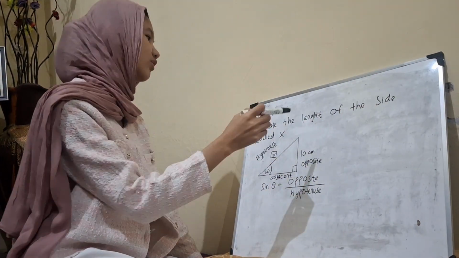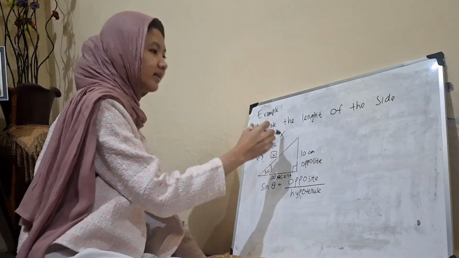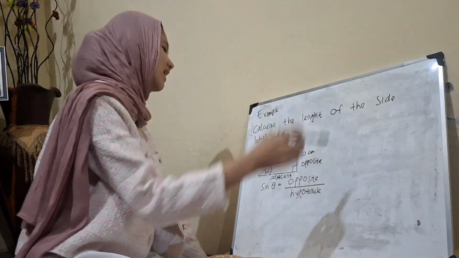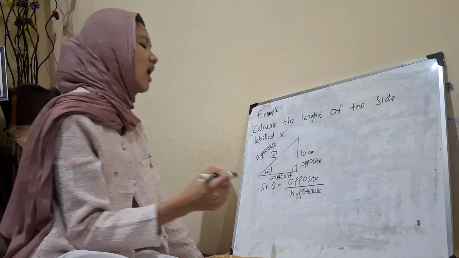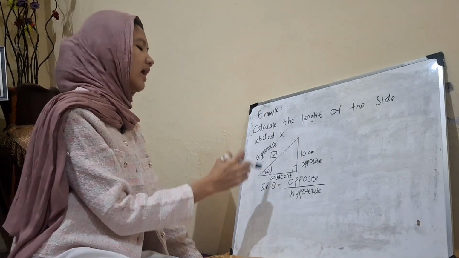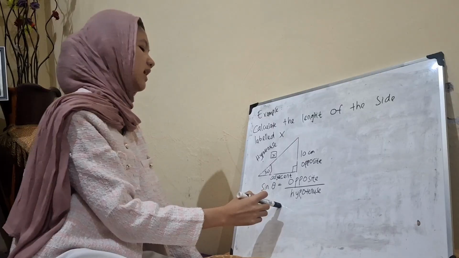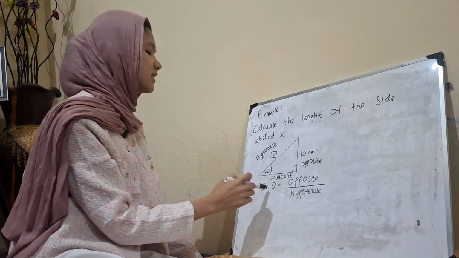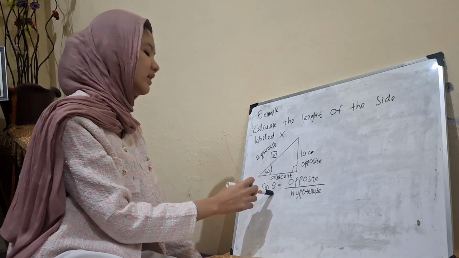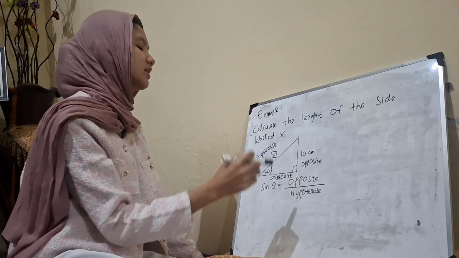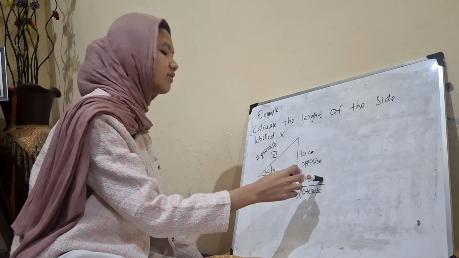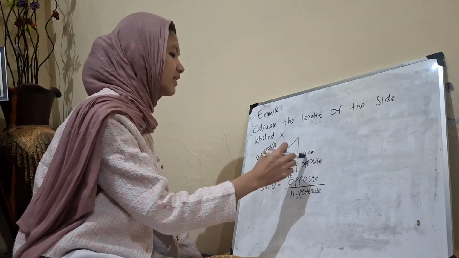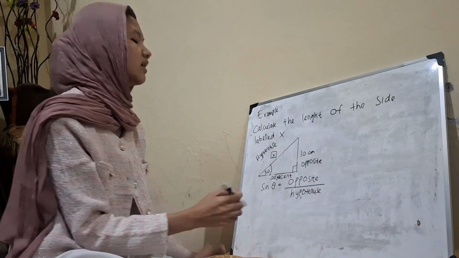Example for trigonometry. Calculate the length of the side labeled x. We use the formula SOH. We know theta is 30 degrees, and the opposite is 10 centimeters.